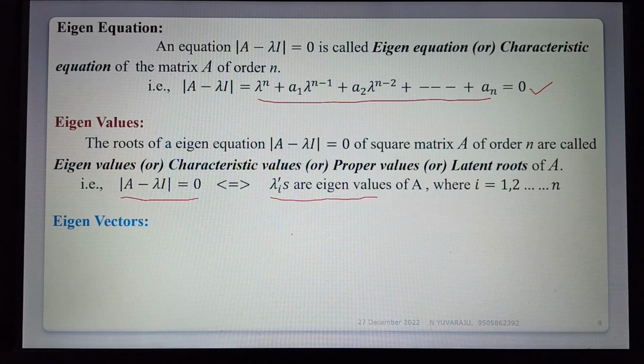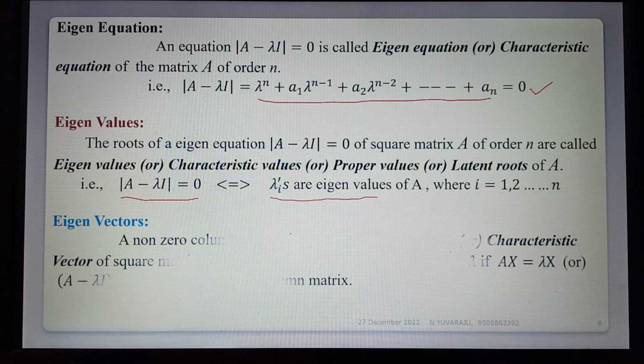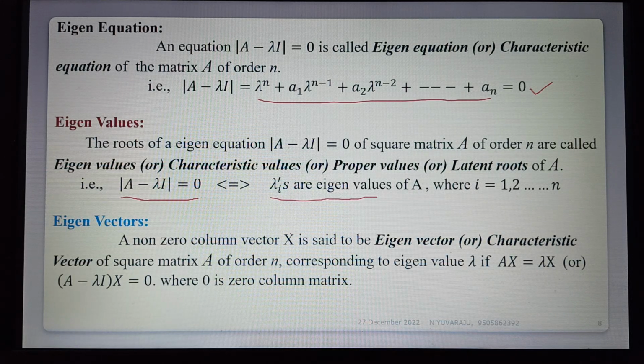Next, eigenvectors. A non-zero column vector x is said to be an eigenvector or characteristic vector of a square matrix A of order n corresponding to eigenvalue lambda if Ax is equal to lambda x, or A minus lambda I into x is equal to 0, where 0 is the zero column matrix.